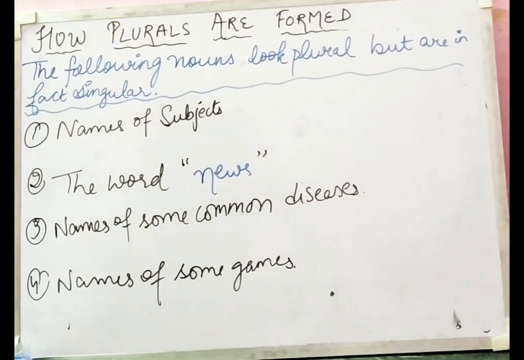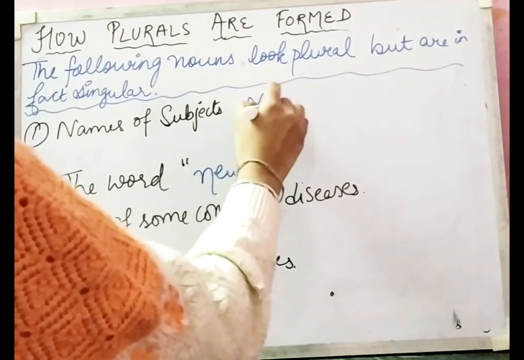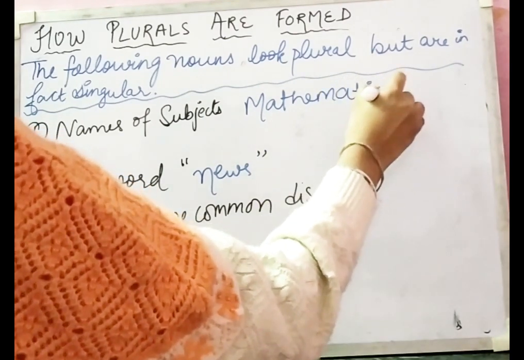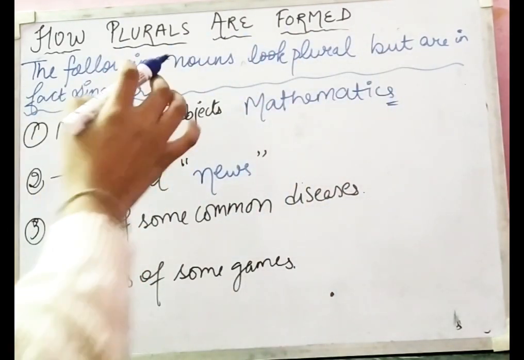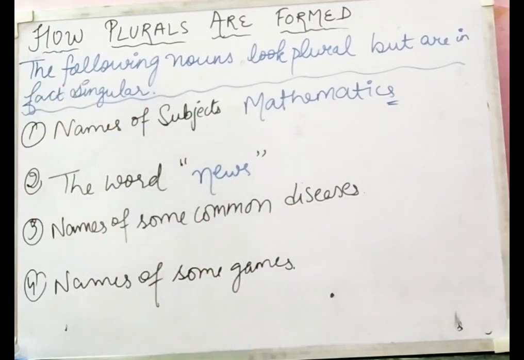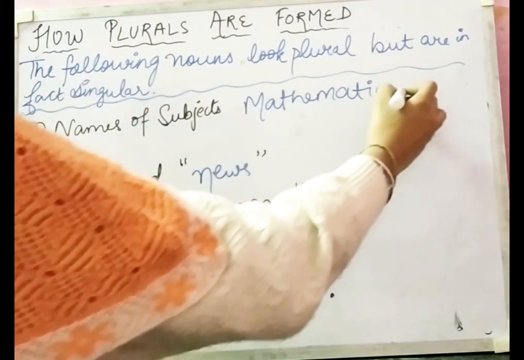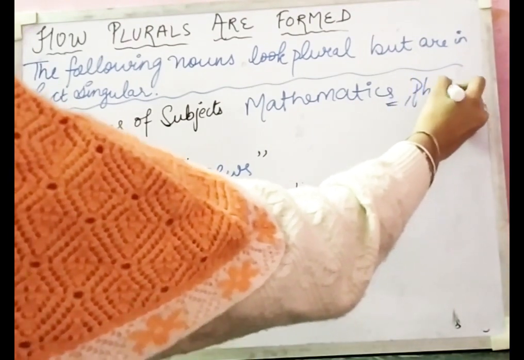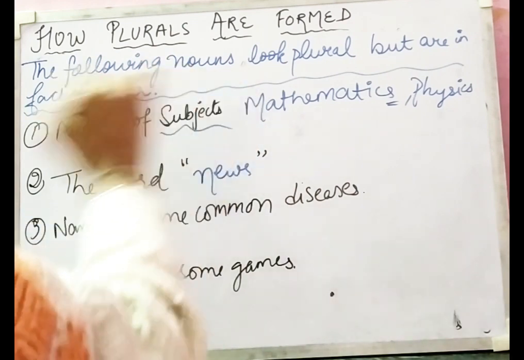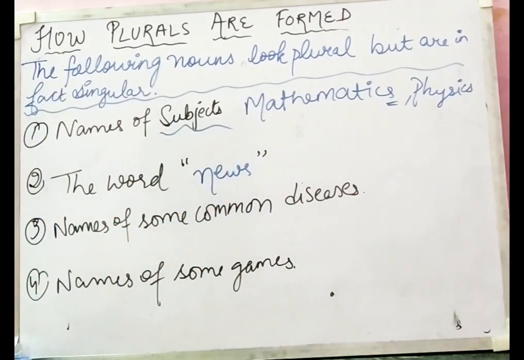Similarly, names of subjects, like mathematics. This is only one subject. Here is also s, but it is one subject, means it is singular. Similarly, mathematics, or physics. So these are examples of subjects. Similarly, the word news, I have told you.